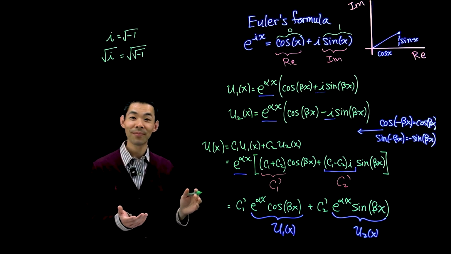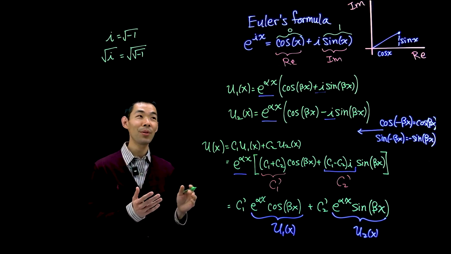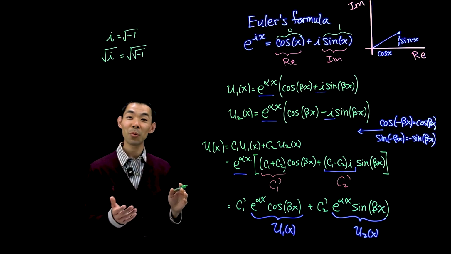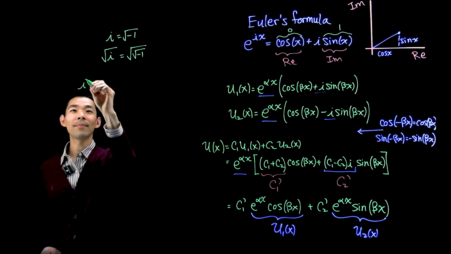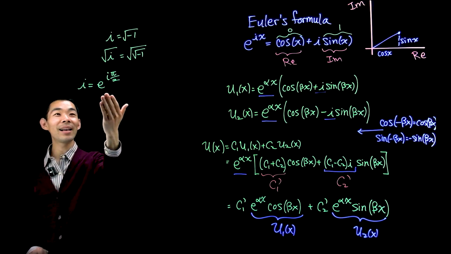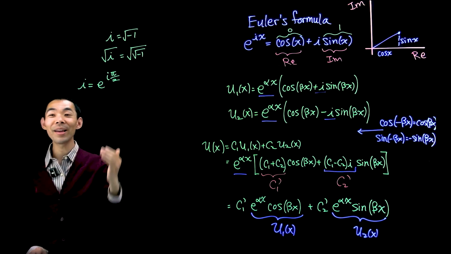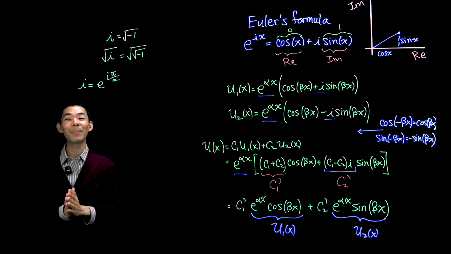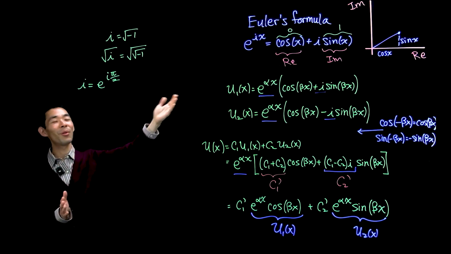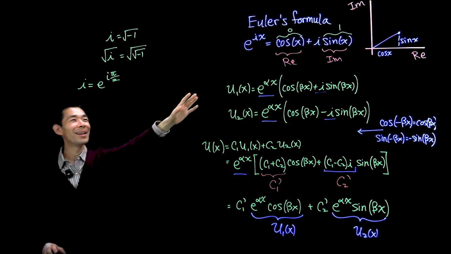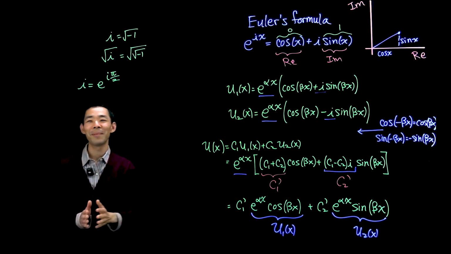Pi over 2. When x is pi over 2, cosine of pi over 2 is 0, and sine of pi over 2 is 1. Therefore, apparently, we can just rewrite i as e to the i pi over 2. This is a true statement. It's an identical representation. Well, the representation is different, but it's an identical number based on Euler's formula.